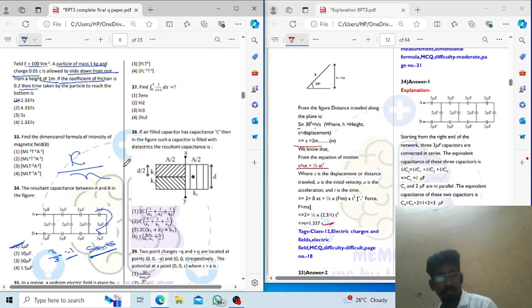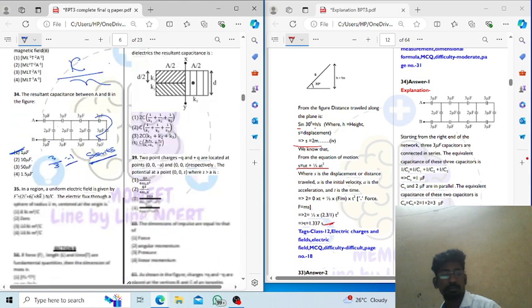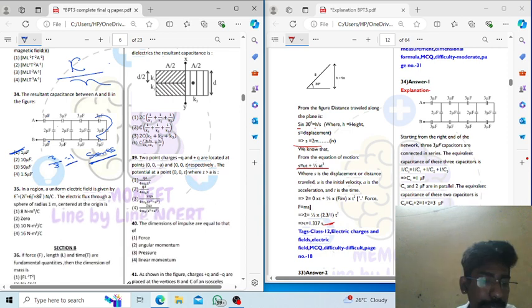Option number 34. Electric field is given. Electric field is given E. You have to calculate the flux of radius 1 meter.